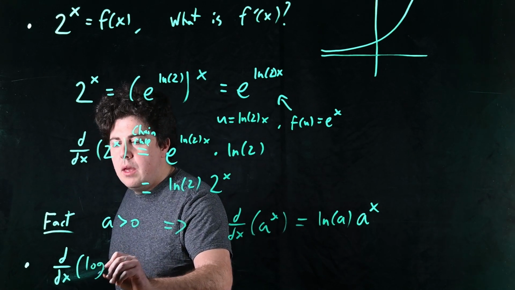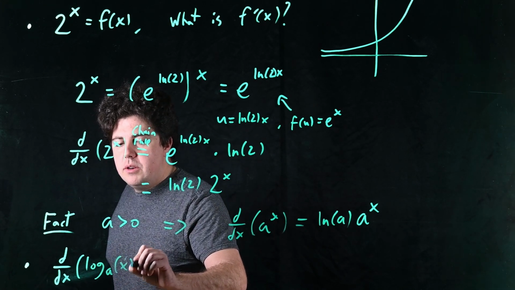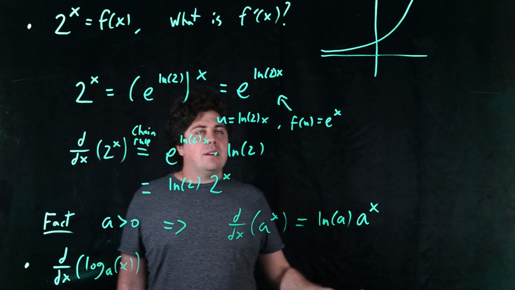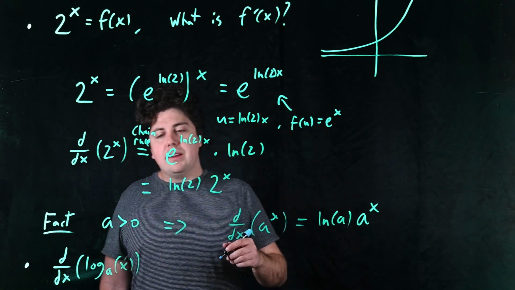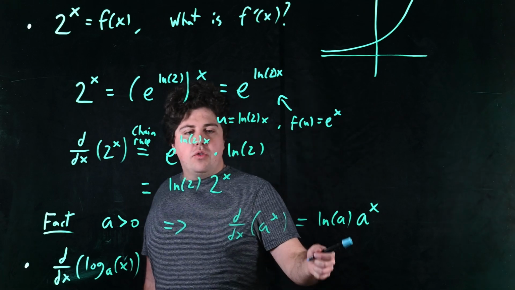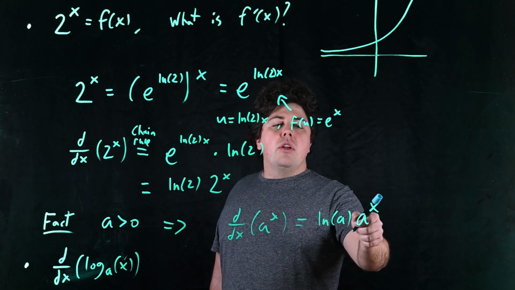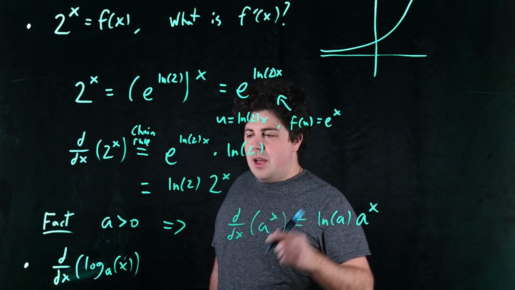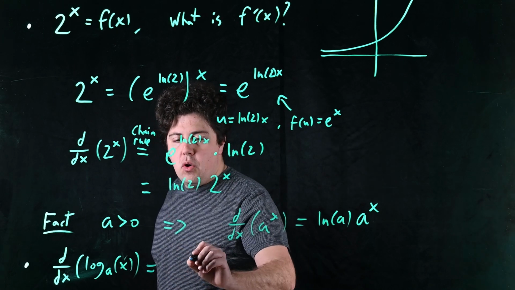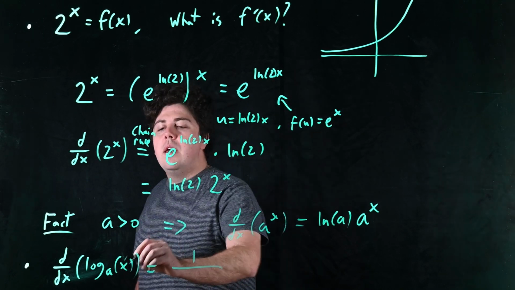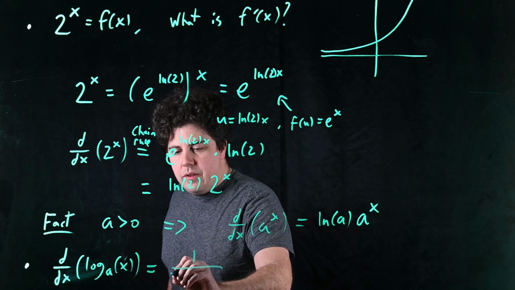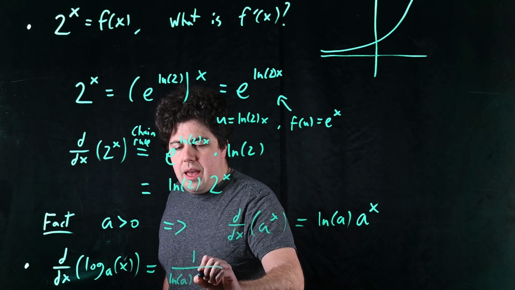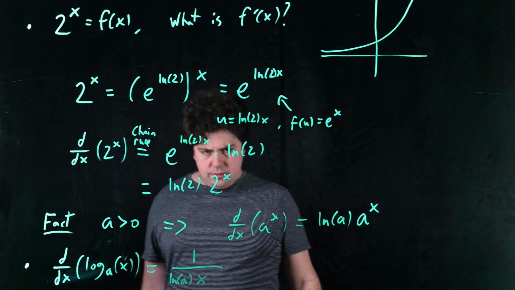Following the argument almost exactly as when we differentiated ln x, using the fact that the derivative of a to the x is not just a to the x, but is ln a times a to the x, we get, for almost identical reasons, that the derivative of log base a of x is 1 over (ln a) x.